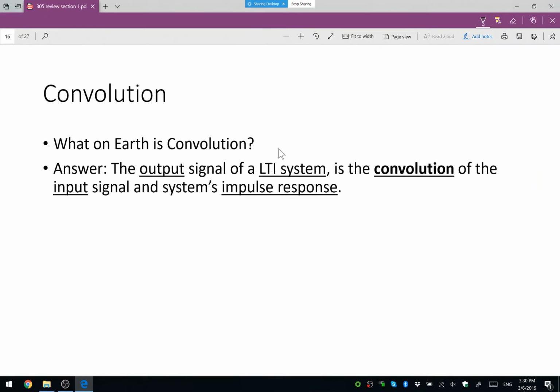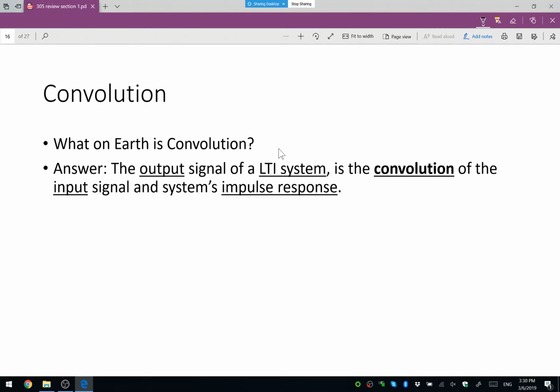Well, this is really a big thing for the convolution. The first thing I want to talk about is what on earth is convolution. The output of one LTI system is the convolution of the input and its impulse response.